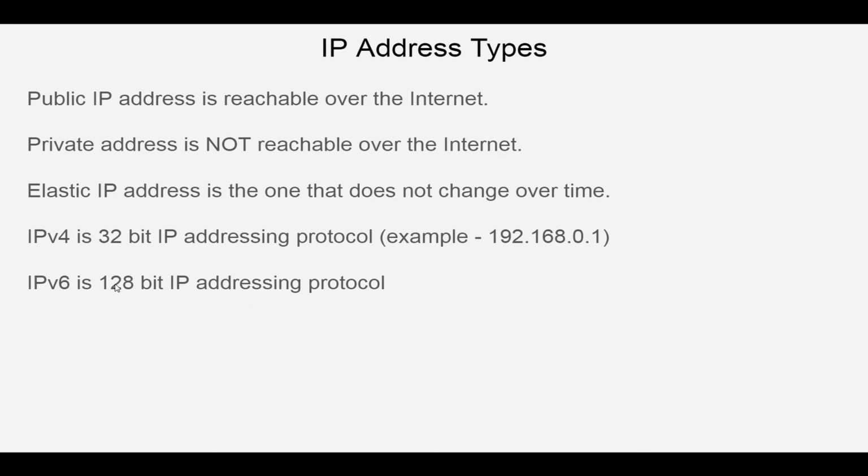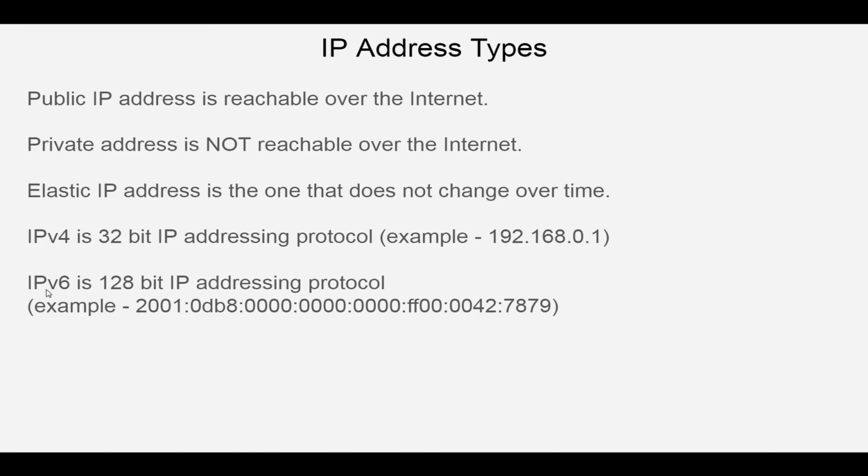There are many differences between them, but you don't need to worry about them because they are beyond the AWS Certified Cloud Practitioner level. You don't need to know IPv4 and IPv6 in detail. All you need to know is IPv4 is the previous generation, and this one is the newer IP addressing protocol. An example of IPv6 looks something like this.